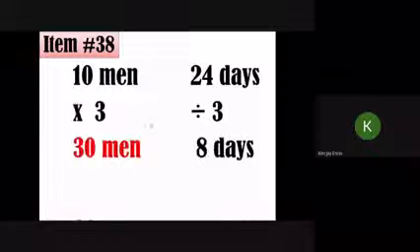And therefore, in this case, 24 became 8 because it was divided by 3. And since we are talking about inverse proportion, we will multiply the number of men by 3 because divide here, times here. So 10 times 3 will give us 30. Therefore, you need 30 men to finish the job in 8 days. And that is letter A.